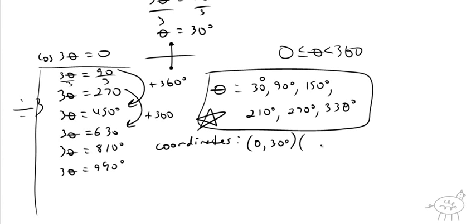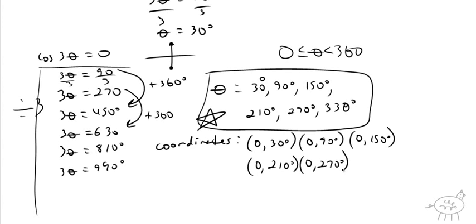So 0, 30, 0, 90, 0, 150, 0, 210, 0, 270, and 0, 330. All right, so I'm just going to be a little picky because I want you to give me coordinates. I want to know where it's hitting the pole, a coordinate of where it's hitting the pole.